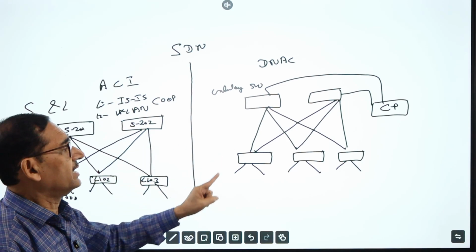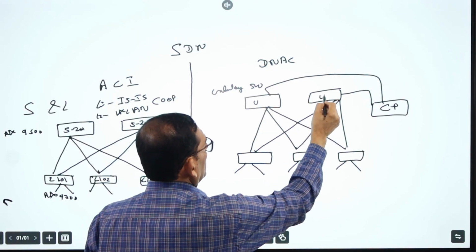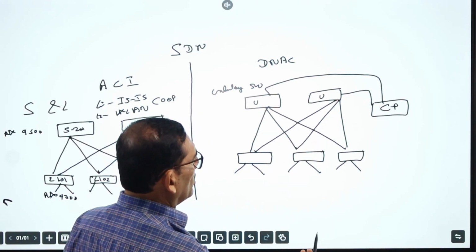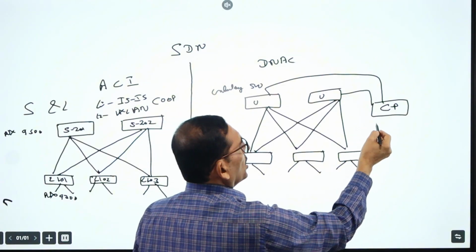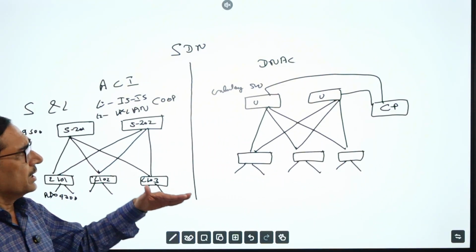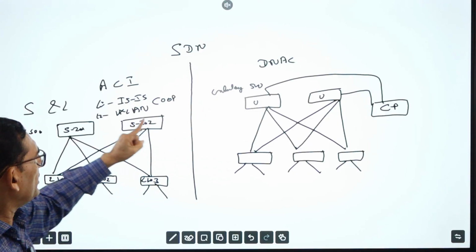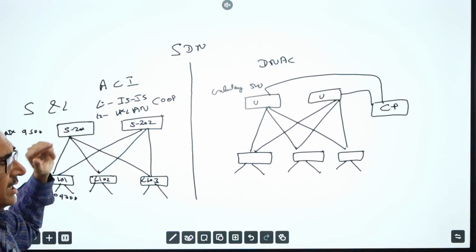Yes, the difference is that in DNAC, we have the option to use an underlay switch. Otherwise, we have another option so that edge devices can connect directly with the control plane. We can omit this particular underlay switch. Here we have this flexibility. We don't have this flexibility in our ACI.